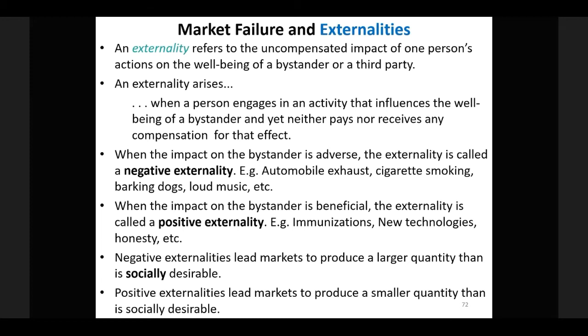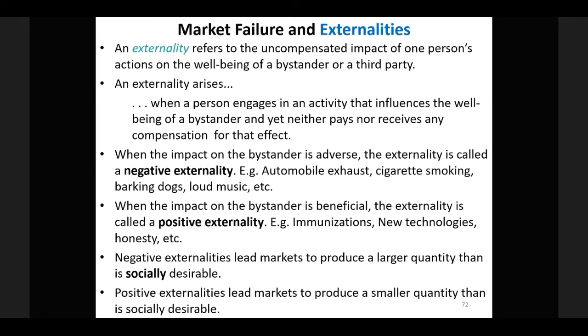If you drive behind a diesel car or a petrol car that has gasket problems, or when the gasket is leaking, it will be making a lot of smoke. And if you are behind and you don't roll up your glass, it means that the person is going to give you negative externality. You can inhale those fumes, and if care is not taken, you fall sick, and this affects your well-being.